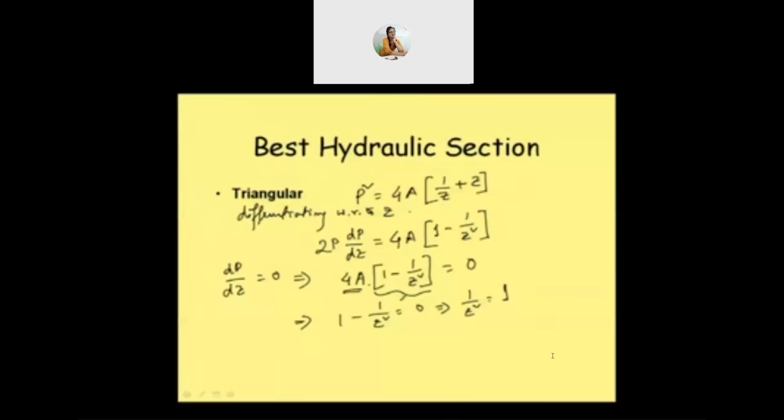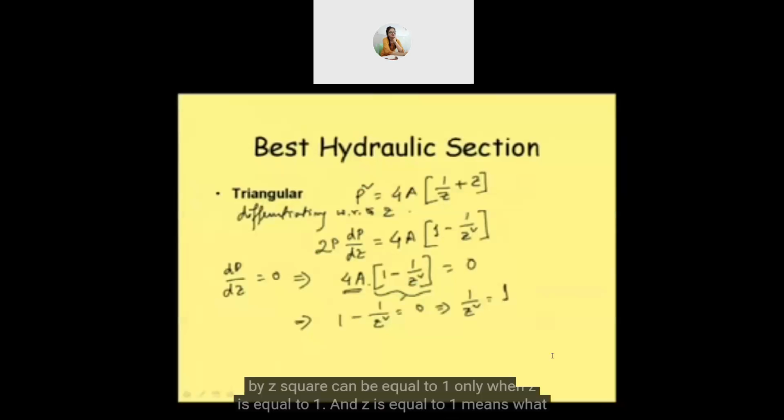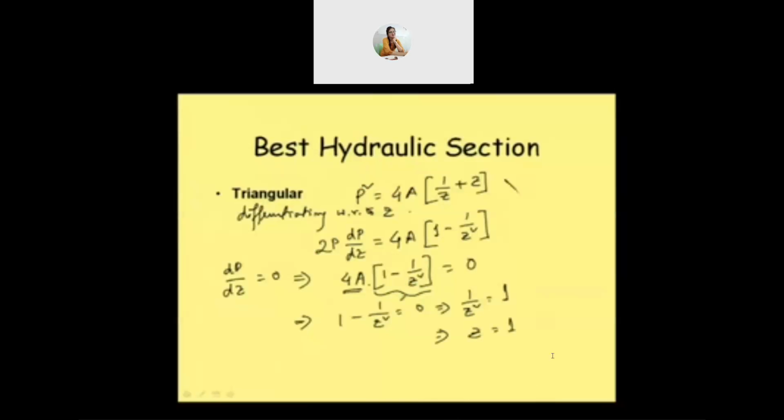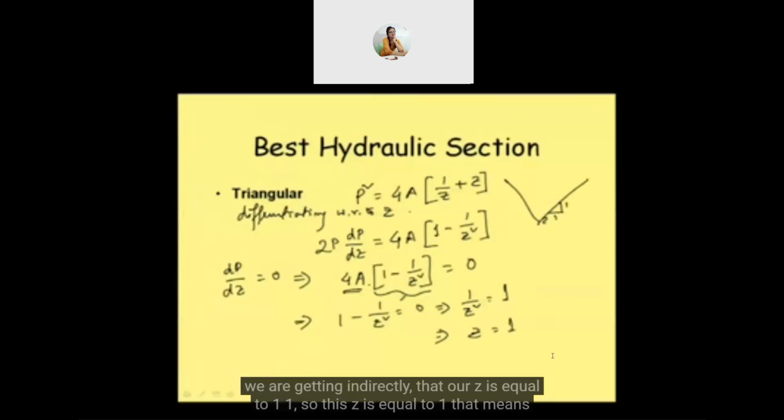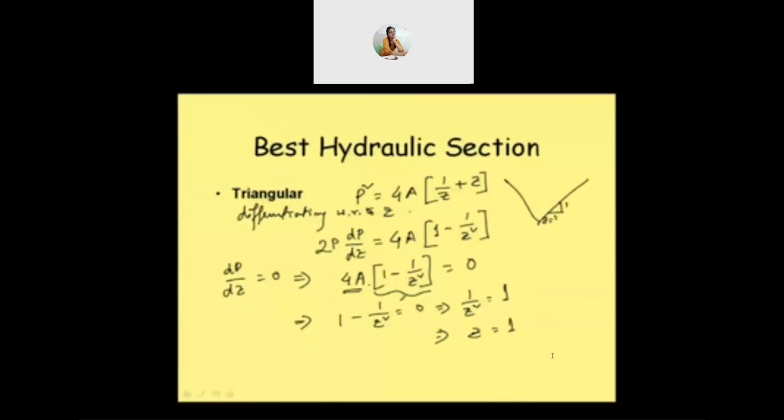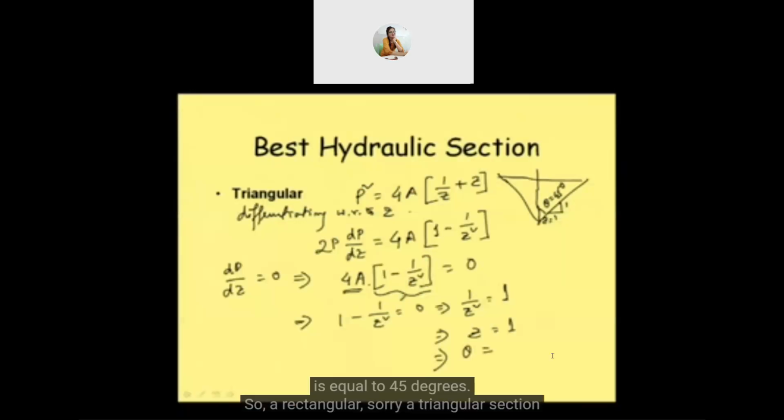And z is equal to 1 means indirectly that this angle theta must be equal to 45 degrees. So this implies theta is equal to 45 degrees.